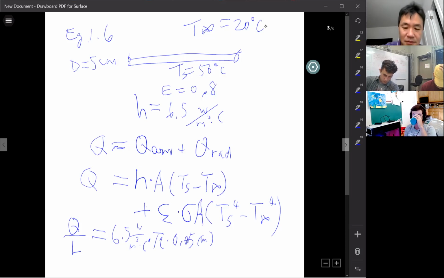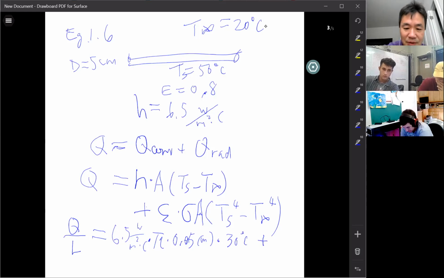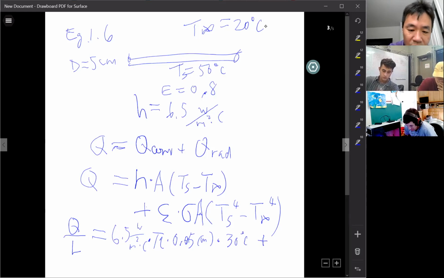Again, I always want to remind you, be careful. The temperature difference, T surface minus T infinity, 30 degrees Celsius. So you should be able to calculate the convection. I think I have everything on the right-hand side, so I should be able to directly calculate it. So epsilon is 0.8. Stefan-Boltzmann.